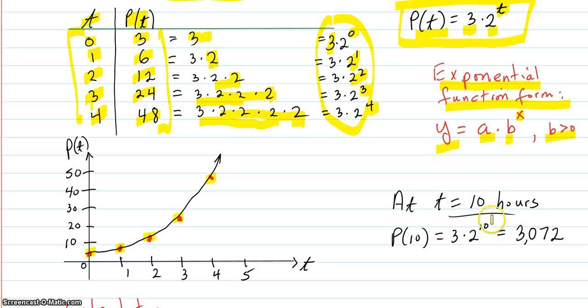Get the calculator out, go 3 times 2 up arrow 10, enter, and it gives you 3072. So that's the answer there.